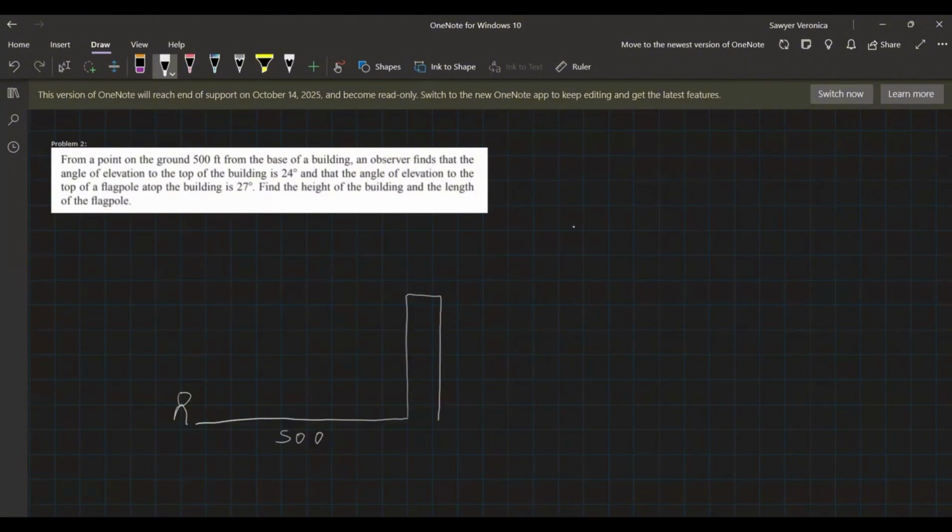The angle of elevation to the top of the building, this here, is 24 degrees. And there's a flagpole atop the building. That angle is 27 degrees.